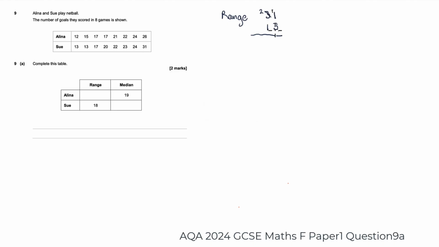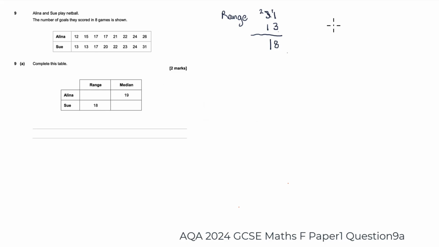So 3 from 11 is 8, 1 from 2 is 1. There's Sue's range. There's a gap of 18, or a difference of 18, between the smallest and the largest of the number of goals that she scored. That's why they've got a range of 18.